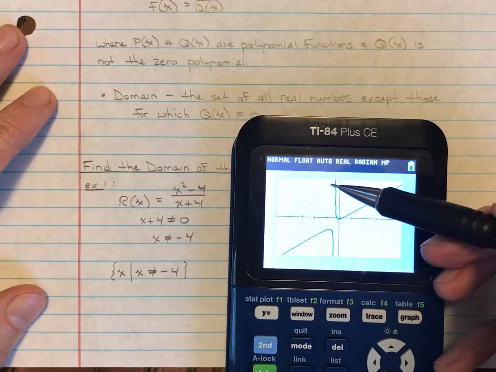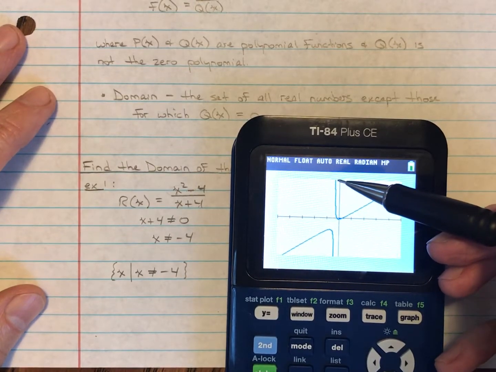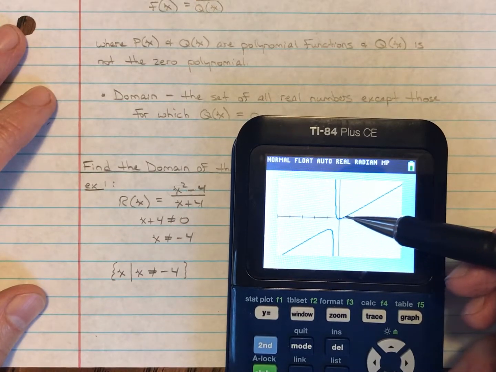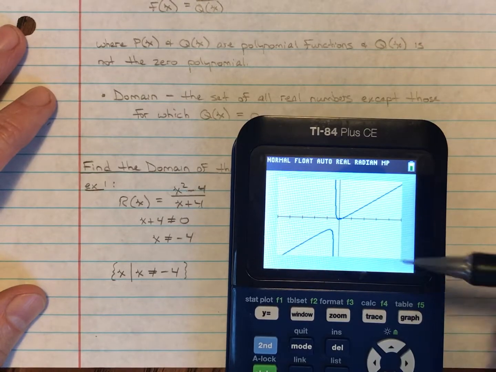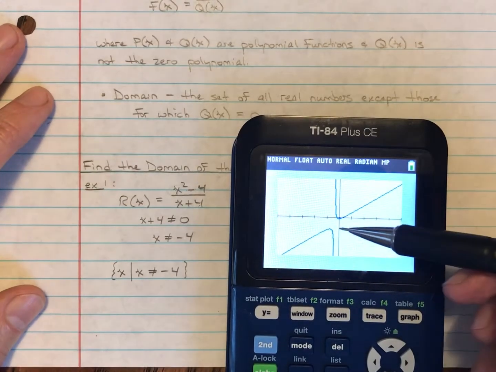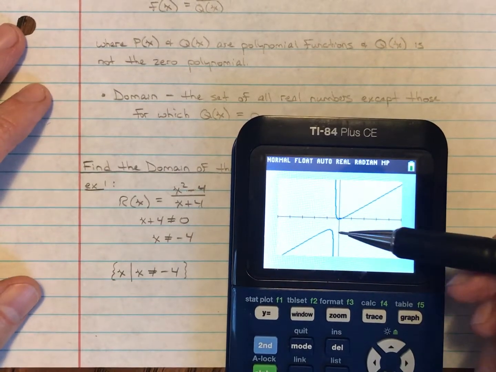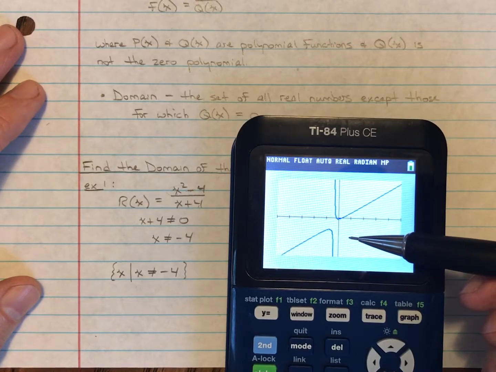And then on the right side of negative 4, so negative 3.999, for example, the function is decreasing, it then hits the origin, and it becomes an increasing function again. So your rational functions might have some funky graphs. They might have graphs with gaps in them. Rational functions are certainly not necessarily smooth and continuous like polynomial functions.